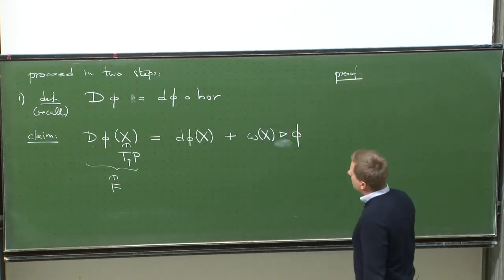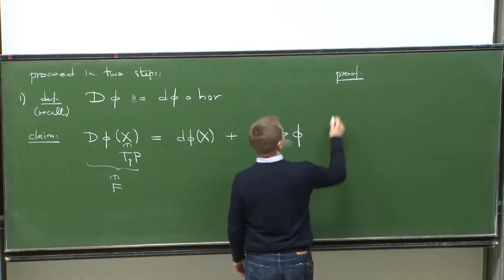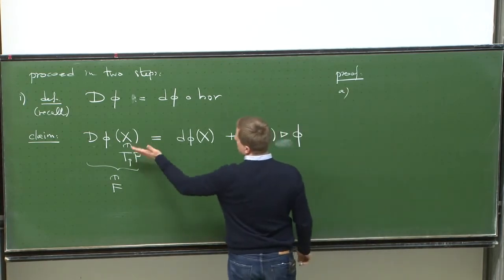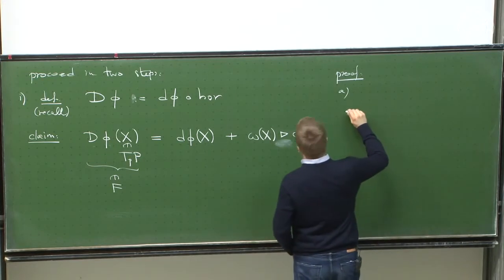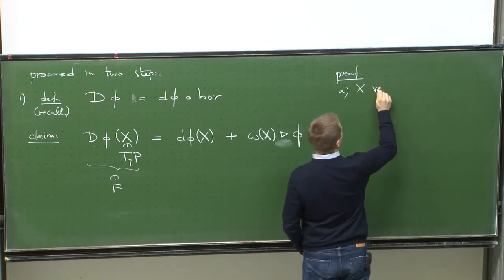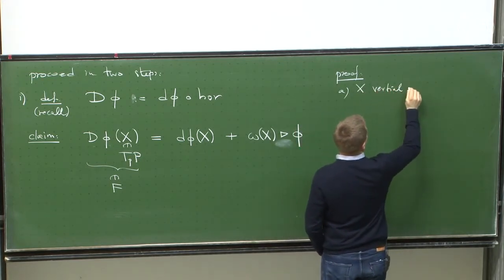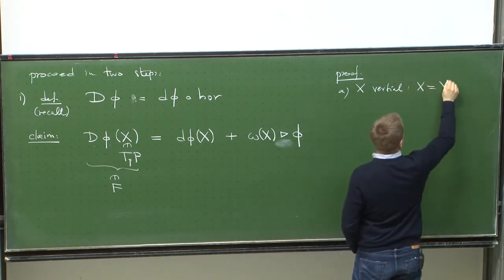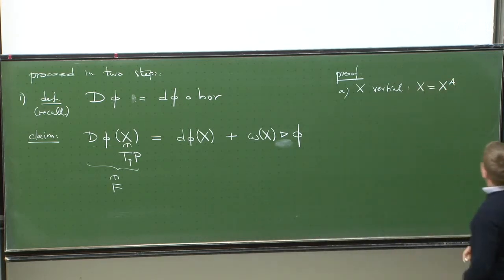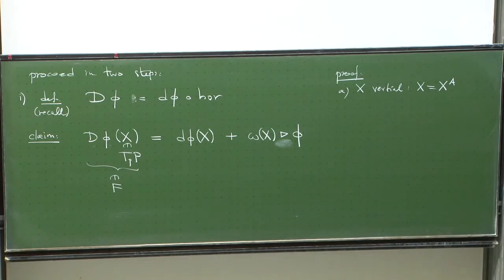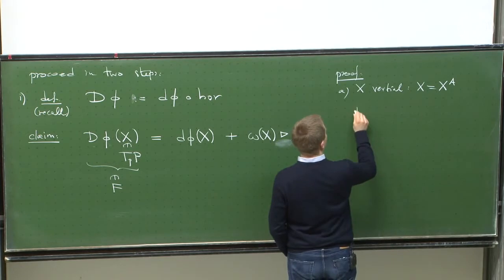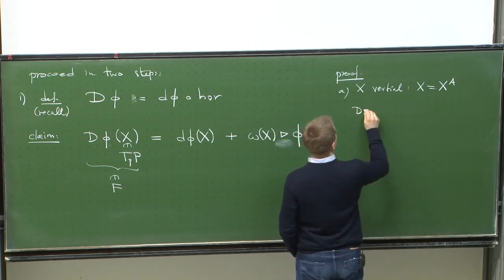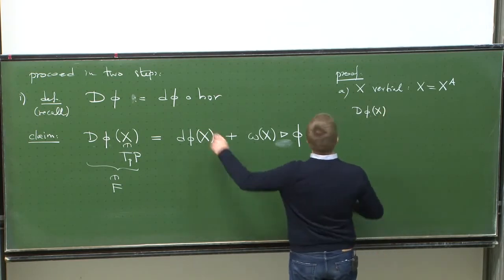So again, the proof proceeds in two parts. We can decompose this x into a horizontal and a vertical part. And let's say x is vertical. In that case, we can write it as an induced vector field, induced by some Lie algebra element of the group, and then we evaluate the two sides. So we have D phi on x. Well, I just used the definition.